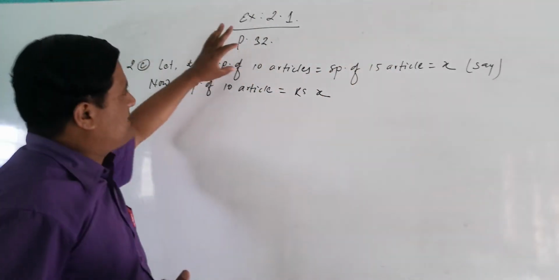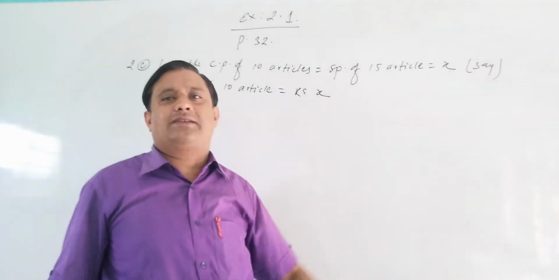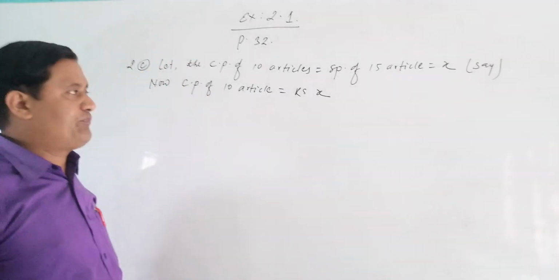It means the cost price of the 10 articles equals the selling price of the 15 articles, my dear students.